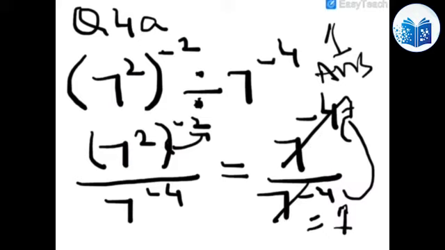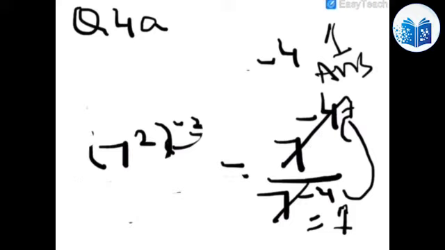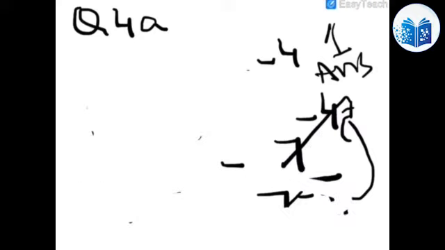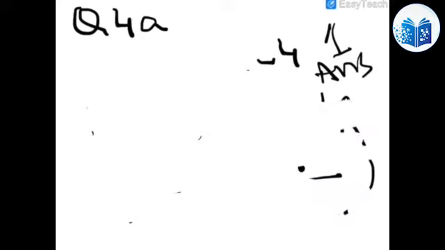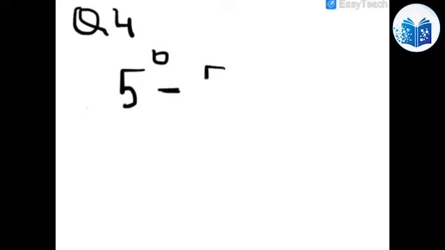Now question number 4B. In question number 4B, we have 5 power 0 minus 5 power minus 2.